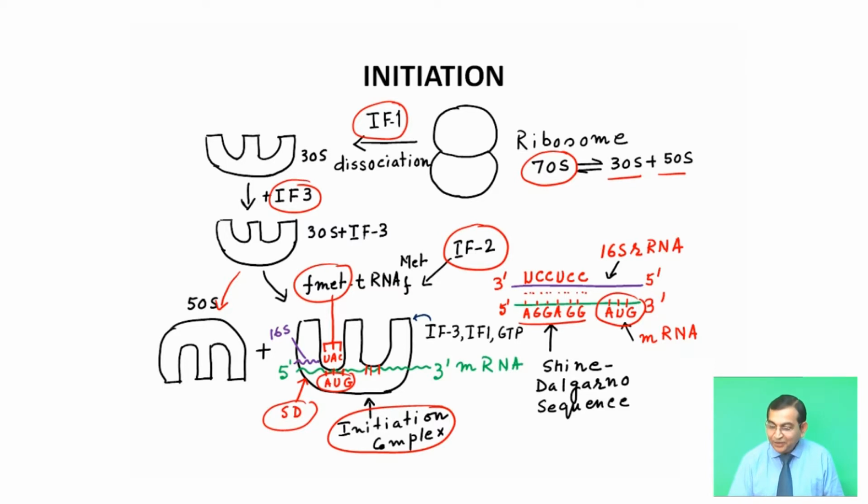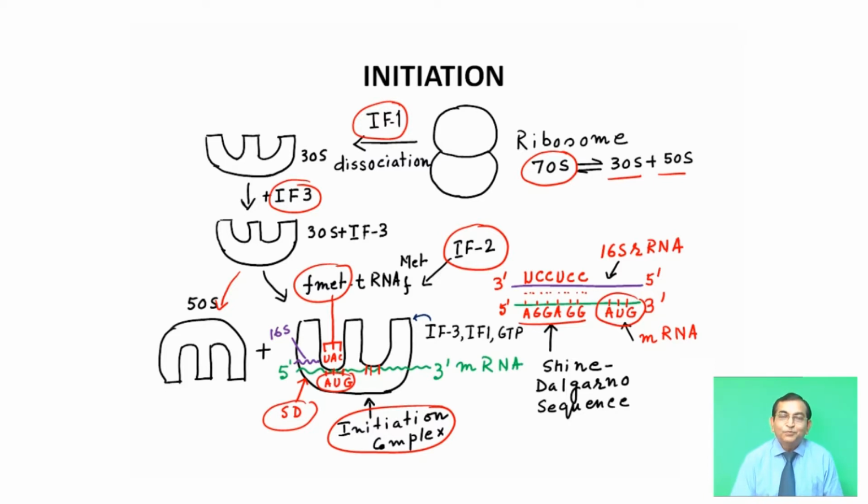Now at the end of the formation of the initiation complex, the 50S subunit binds with the 30S subunit with the help of guanosine triphosphate, and IF3, IF1 and IF2 are released from the 30S subunit, as a result of which there is a reformation of the 70S ribosomal unit.